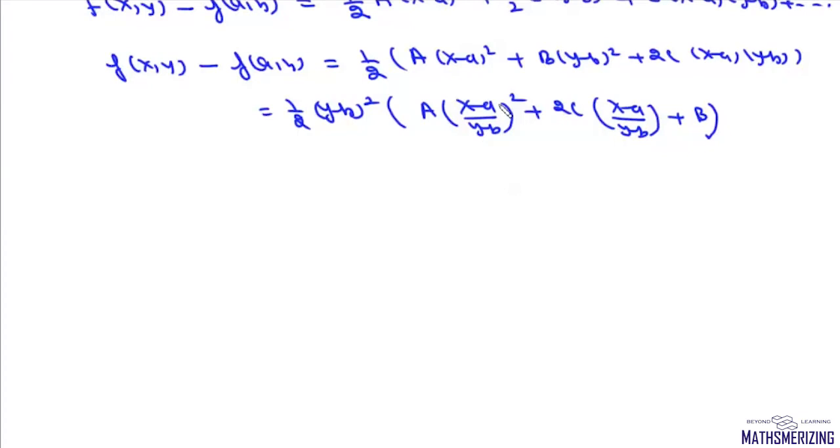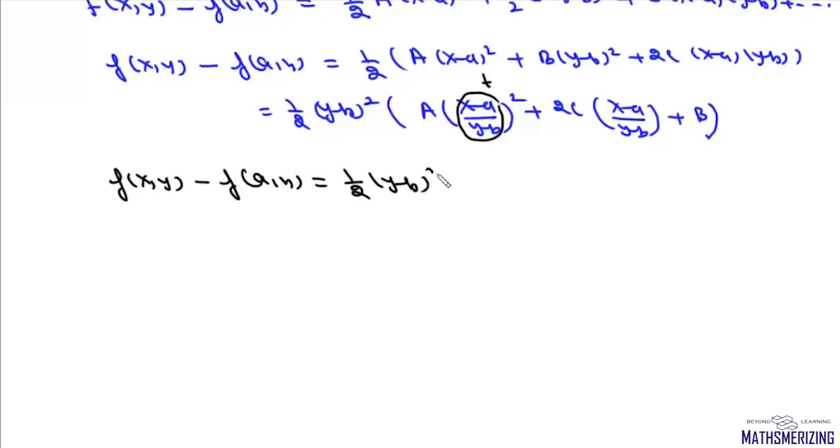So we'll take (x minus a) upon (y minus b) as some variable, say t. We can simply write f(x, y) minus f(a, b) as 1 by 2 (y minus b) square times [a t square plus 2c t plus b]. Now this expression, it is already positive, so everything will depend on the sign of this quadratic expression.